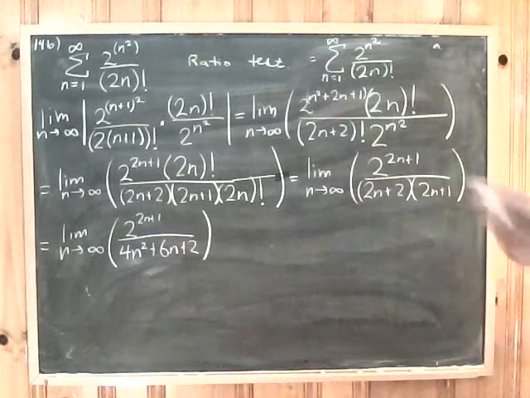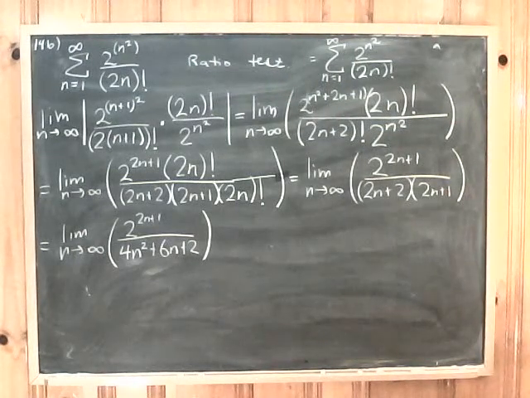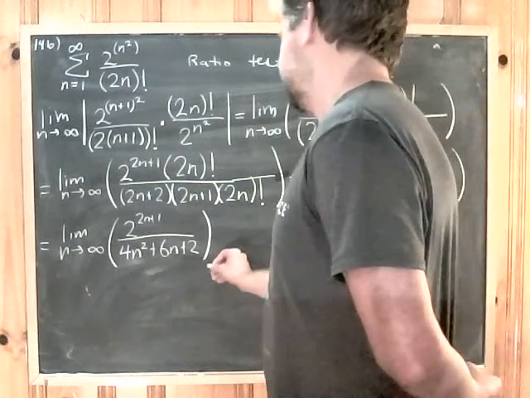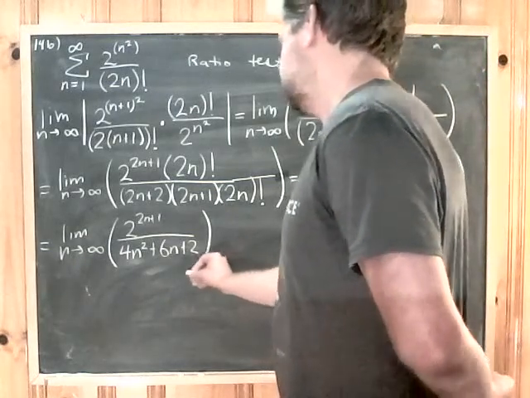So if I take the limit of that as n goes to infinity, at first I get 2 to the infinity divided by infinity. So I'm getting infinity over infinity here, so I'm going to use L'Hopital's rule.